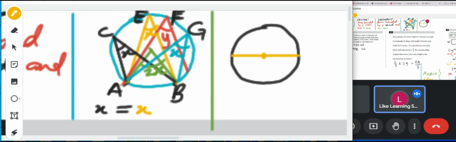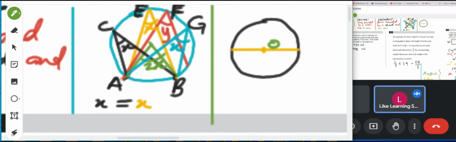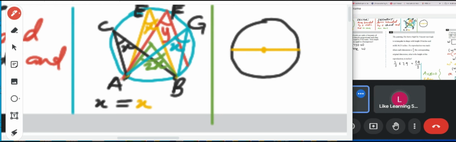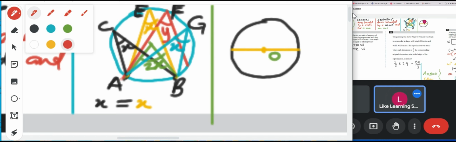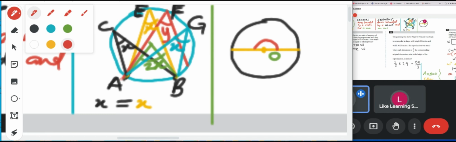If this place is the center O, this one is a little bit tricky. What's the angle subtended at the center? The value is 180 degrees.